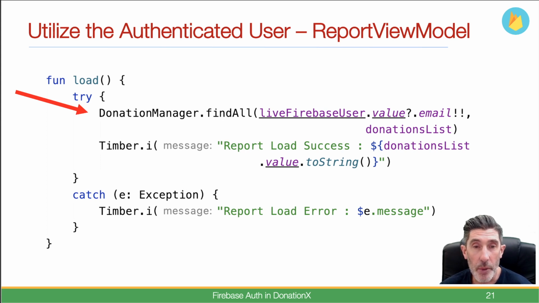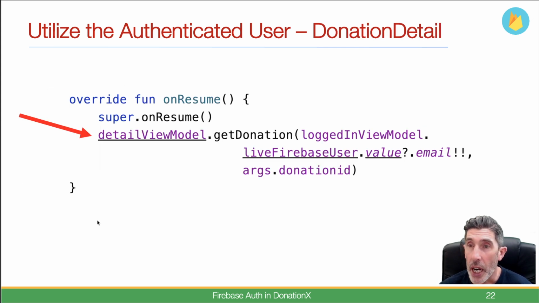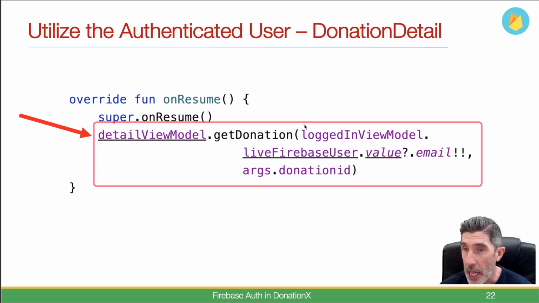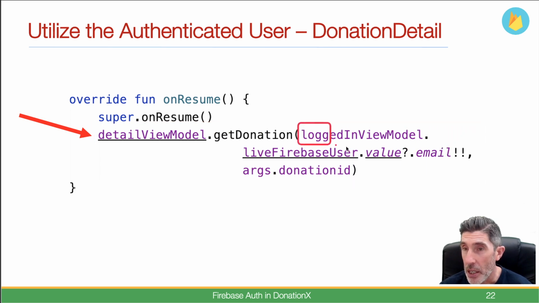The rest of them are kind of similar. If we look at our donation detail, when we resume that, it's one simple call: we call get donation, passing in the view model instance's live Firebase user .value .email. So we're getting at the specific email of the authenticated user who was maintained inside that logged in view model.